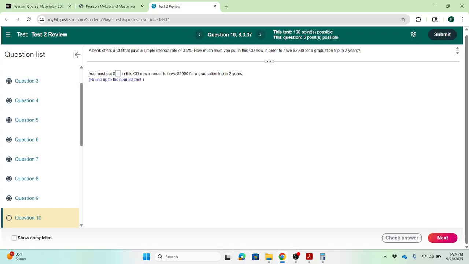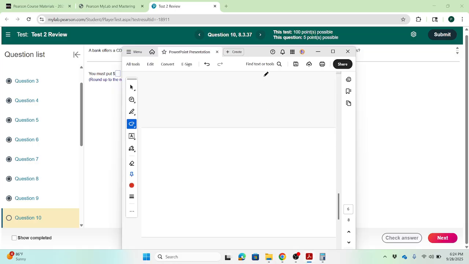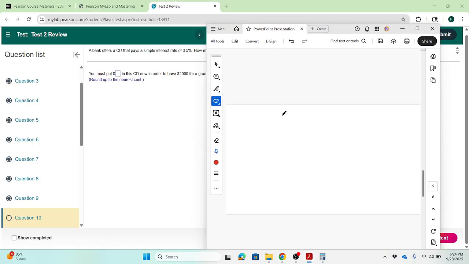A bank offers a CD that pays a simple interest rate of 3.5%. How much must you put in this CD now in order to have 2,000 bucks for a graduation trip in 2 years? Remember, simple interest formula is interest can be calculated using principal times rate times t.